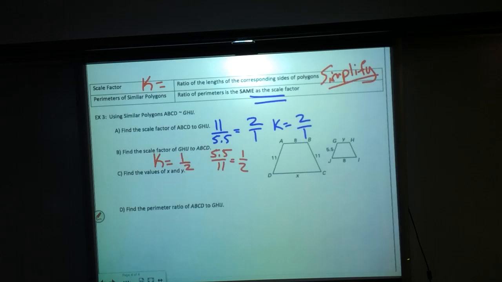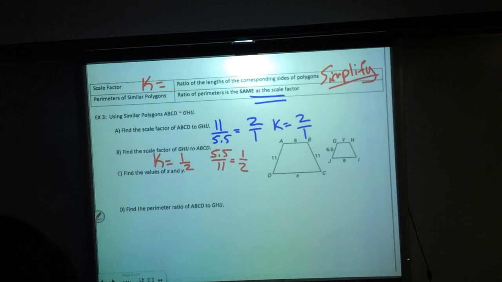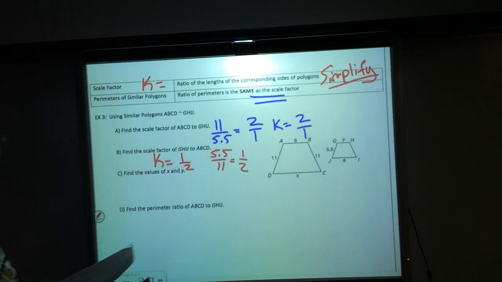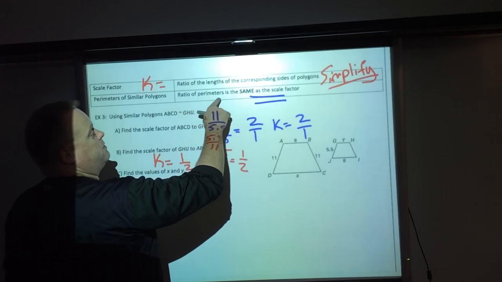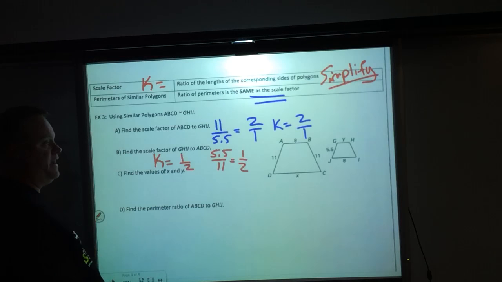All right, the third part of this, it says find the values of x and y. Well, I want to set up proportions to find this. Since the ratio of perimeters is the same as the scale factor, I can use the scale factor.